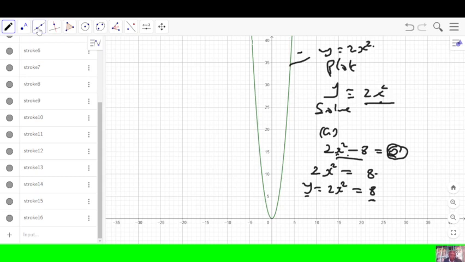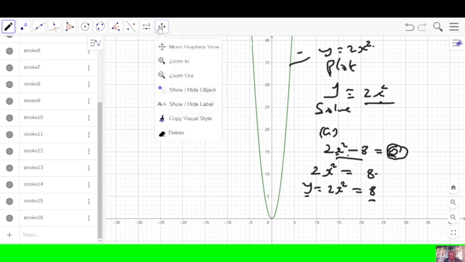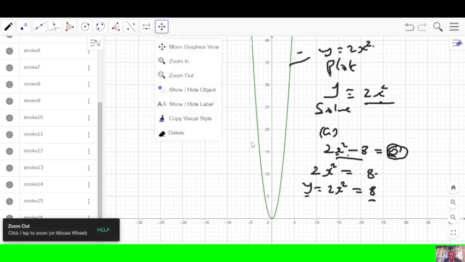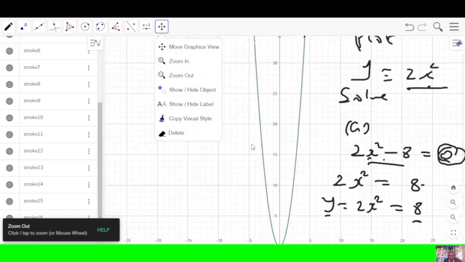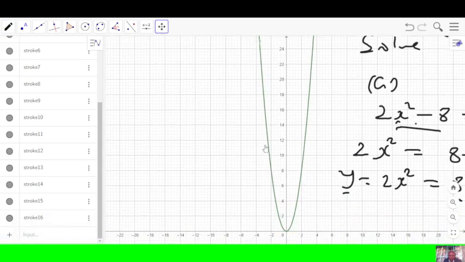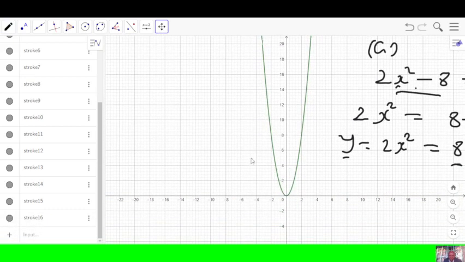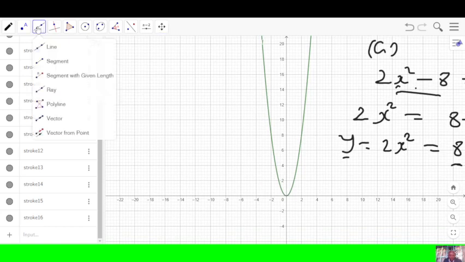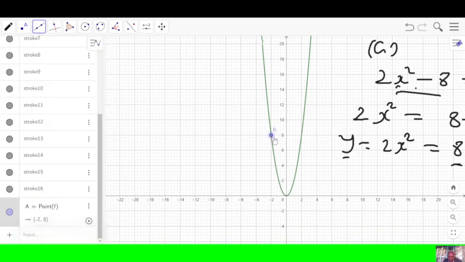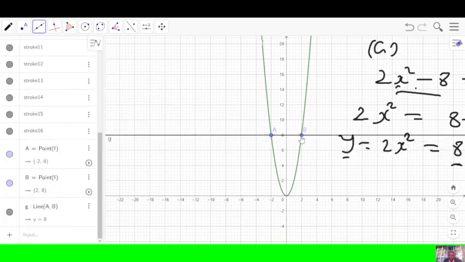Let's get the value of 8. I don't know where the value of 8 is, but let me zoom this out. Yes, so you have got the value of 8, and the value of 8 is here. So let me plot this point here.